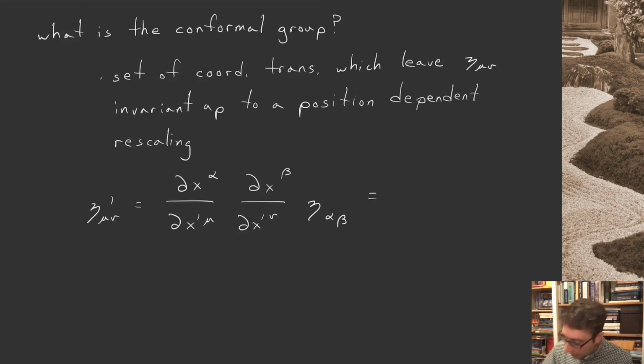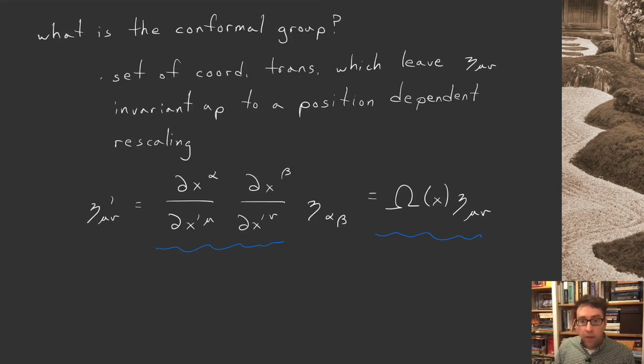And the claim is that that has to be a local function of position. Let's call that big omega of x times the Minkowski tensor eta mu nu. It's the set of transformations x goes to x prime, or x prime goes to x, which have this property.